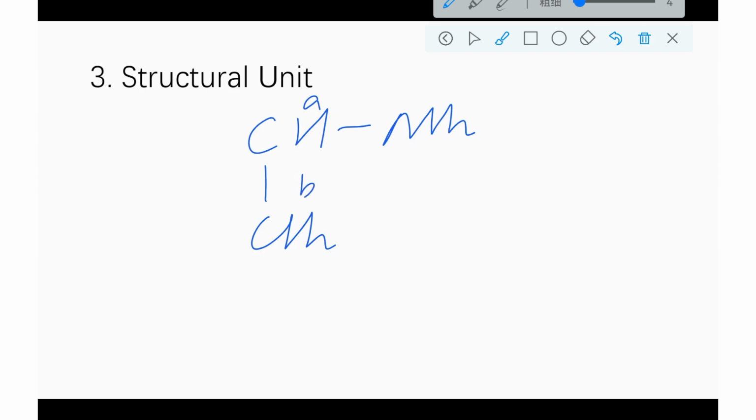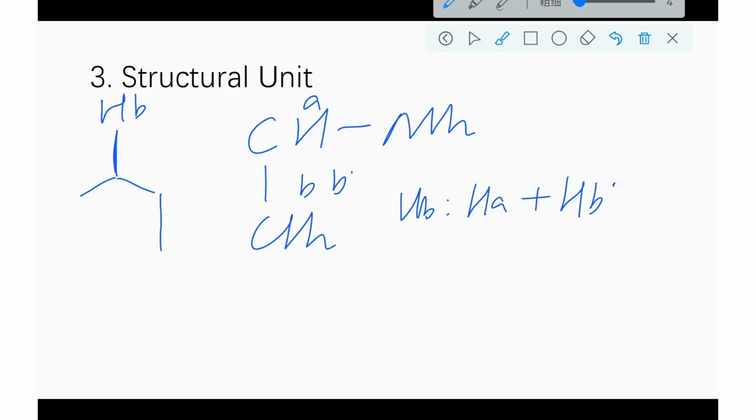And for hydrogen B, it's going to be coupled with hydrogen A and hydrogen B dot. So first, this is the initial signal of hydrogen B, and it's going to be split by hydrogen A. And this is going to be the coupling constant. Since hydrogen B is 3 bonds away from hydrogen A, it is going to be a J3. And then it's split by HB dot.